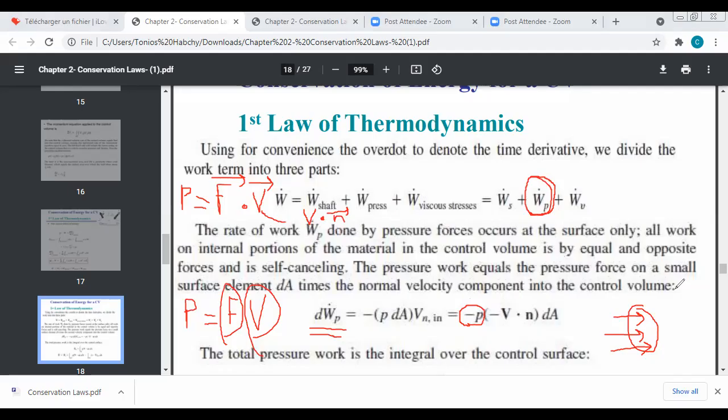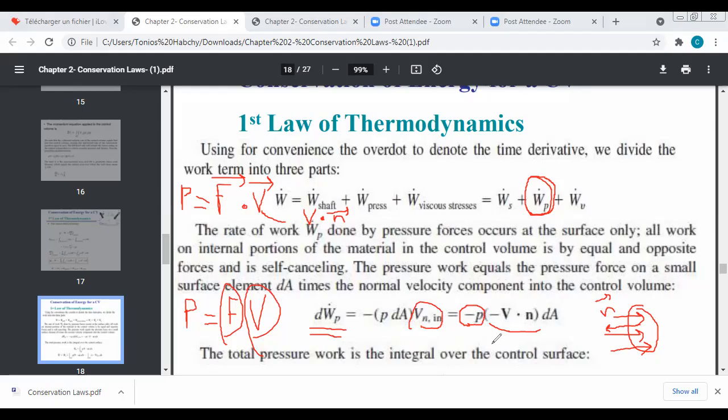As you can see here, if I consider the following surface, and this is n, and I'm considering velocity at an inlet, the velocity vector opposes n, so I should put minus V dot n. So for an inlet, I get that dW dot P is minus P times minus V dot n dA.